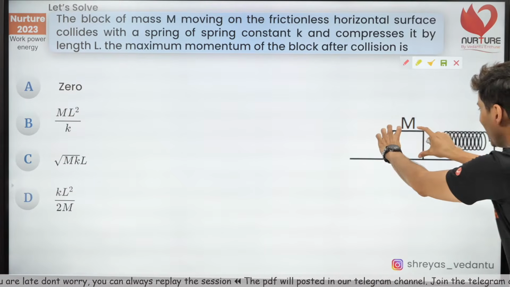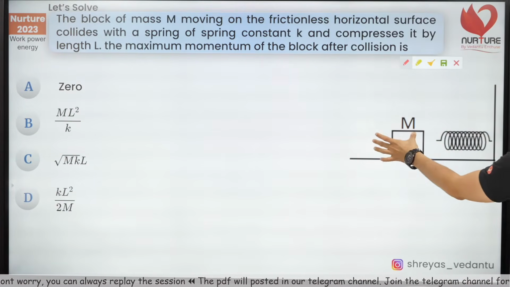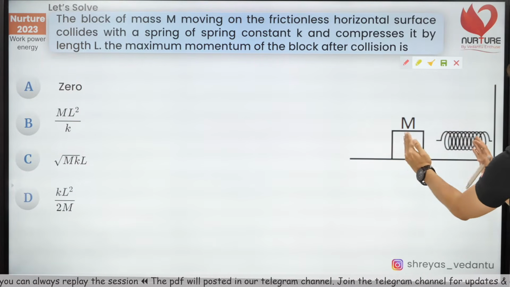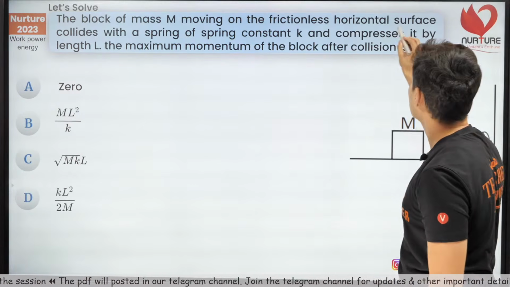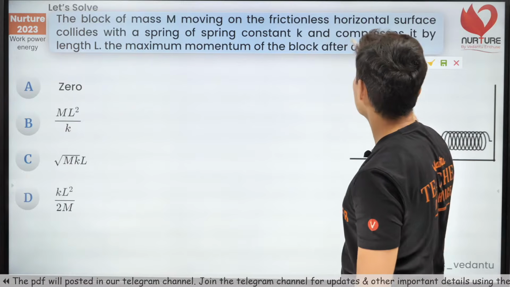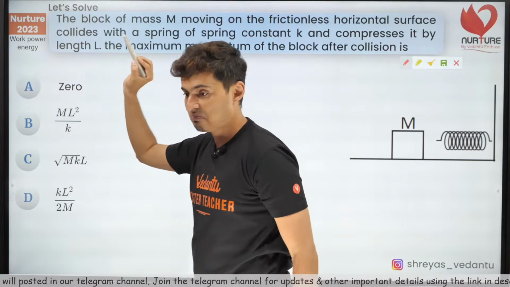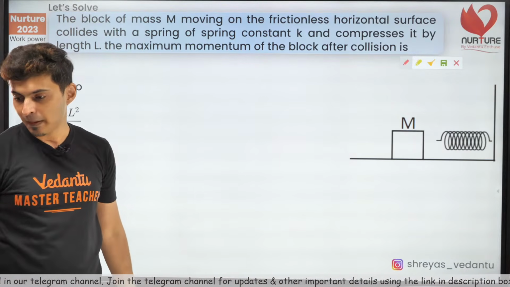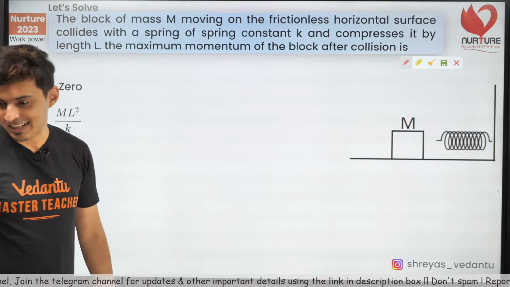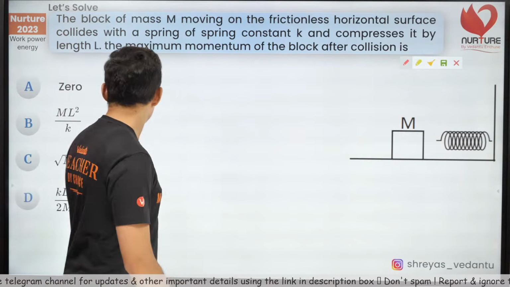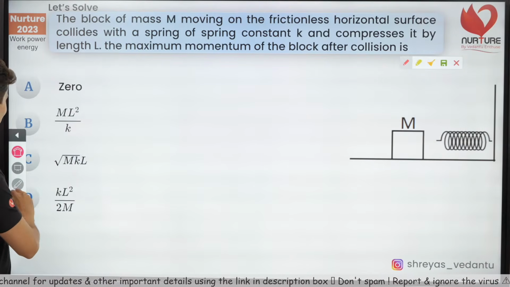Now, this mass collides with the spring. It has some momentum. After the collision, the block stops after compressing the spring by how much distance? Yes, compresses it by L. Interesting. Okay, happens sometimes. Alright, so some of you are saying option C. Let's do this question.